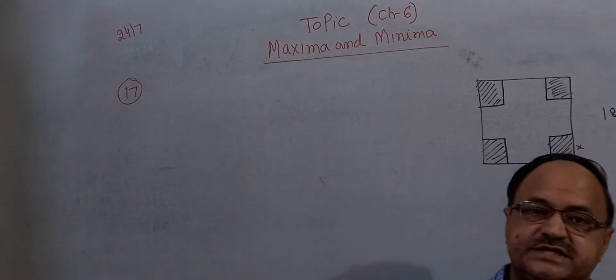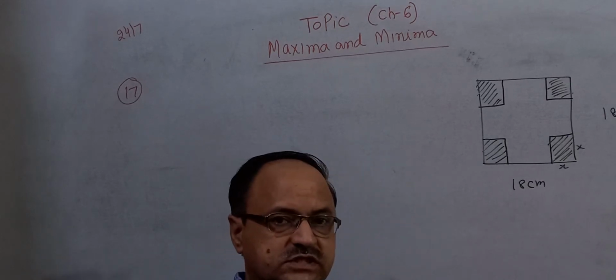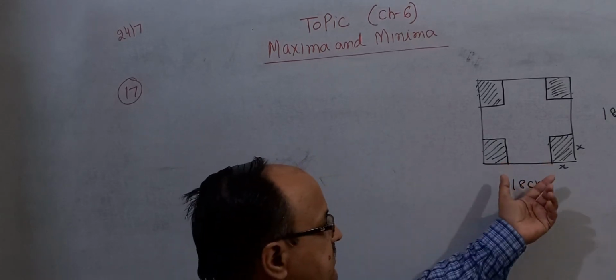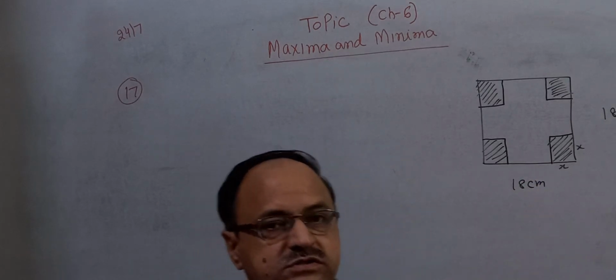And the remaining sheet, after cutting the square corners, we fold such that with the help of the sheet you can create an open box. Clear?